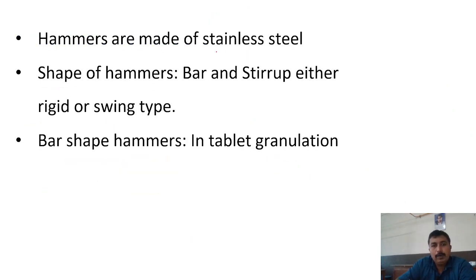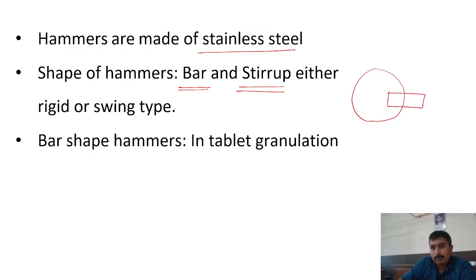Which material is used for fabrication of hammers? Stainless steel, as already discussed. What about the shape of hammers? Hammers are either bar or stirrup shape. This is the rotor, and this is a bar shape hammer. A stirrup shape hammer looks like this. Both types are available.